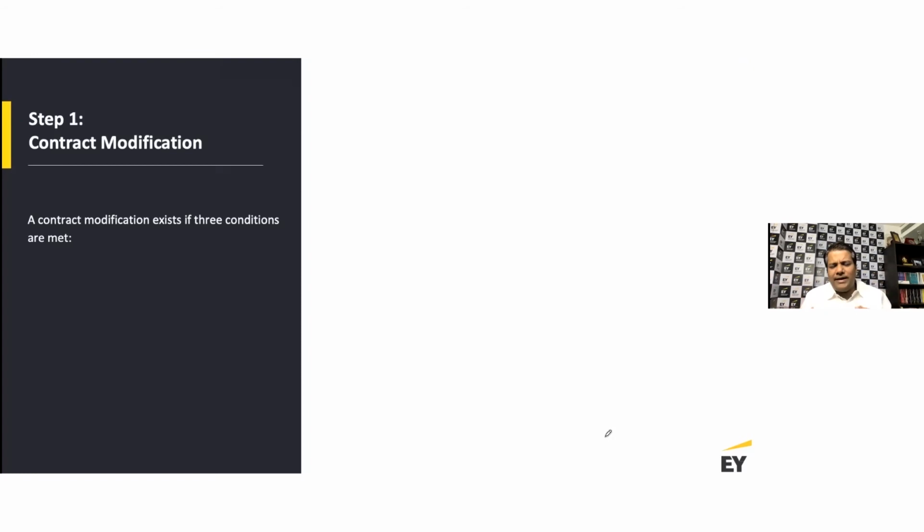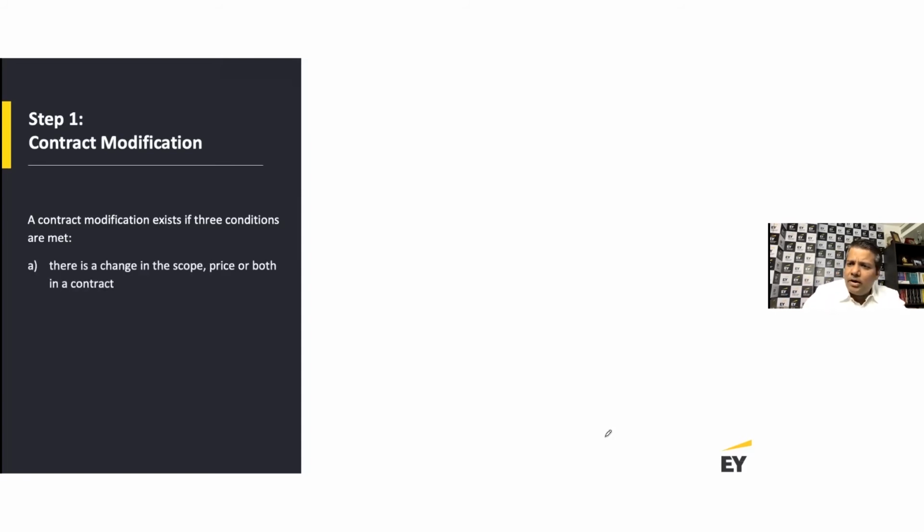And I need to evaluate commercial substance for each of the elements, which is established depending upon the risk. Are the risks and rewards changing? Are the nature and timing of my contractual cash flows changing as a result of that arrangement? From that perspective, let's talk about contract modification.